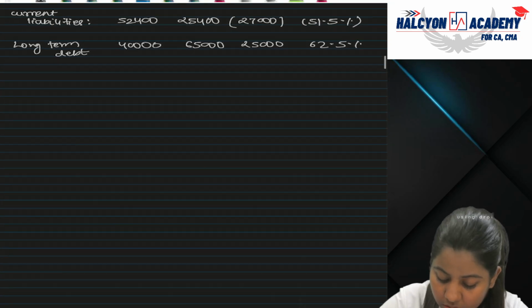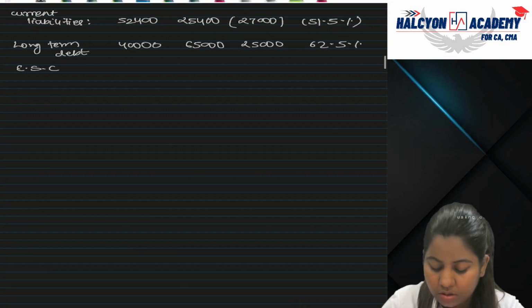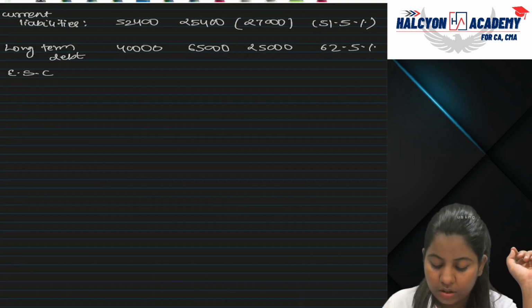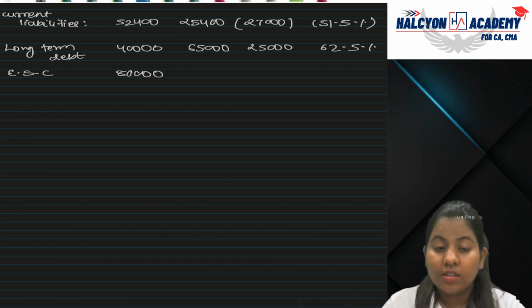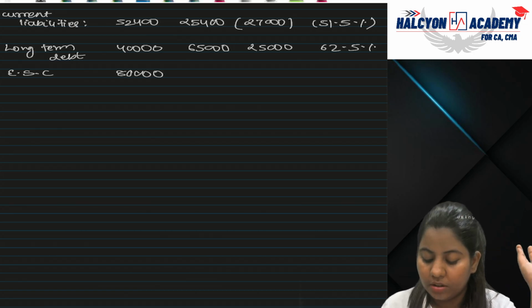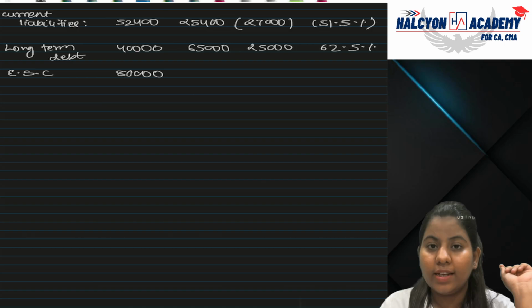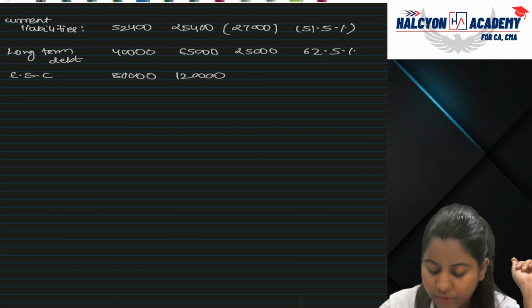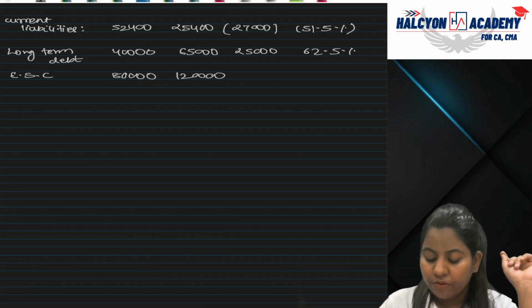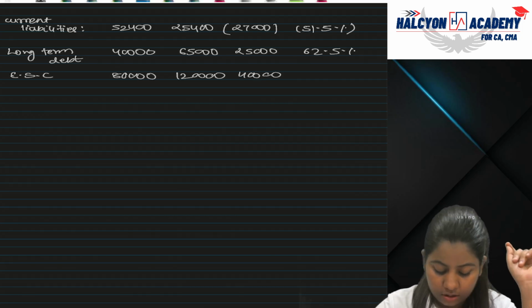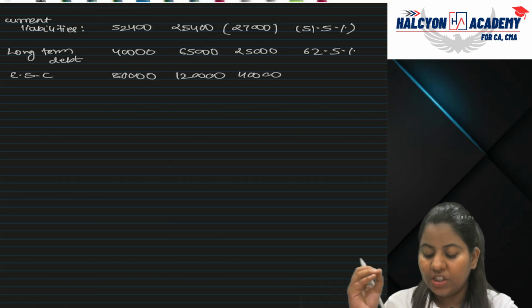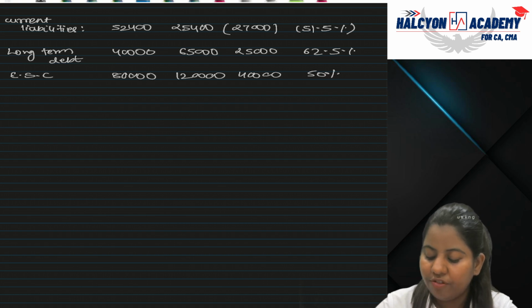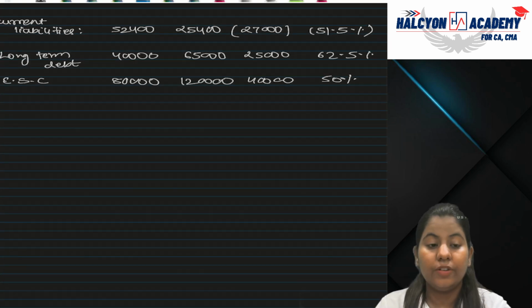I am using the short form ESC for equity share capital, but please don't use any short forms in the exams. They may cut your marks. So there is an increase of 40,000 rupees. The percentage change will be 40,000 divided by 80,000. It will be 50%. Exact 50% increase is there in equity share capital.